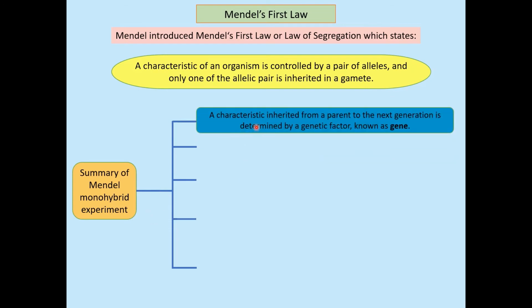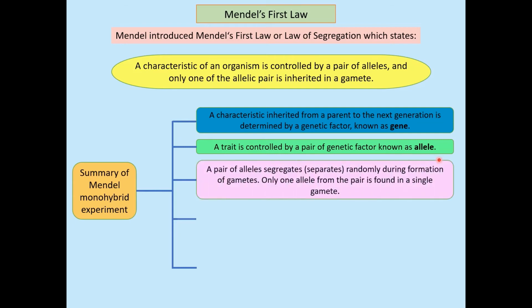A characteristics inherited from a parent to the next generation is determined by a genetic factor known as genes, and a trait is controlled by a pair of genetic factors known as alleles. A pair of alleles segregate or separate randomly during formations of gametes, so only one allele from the pair is found in the single gamete.